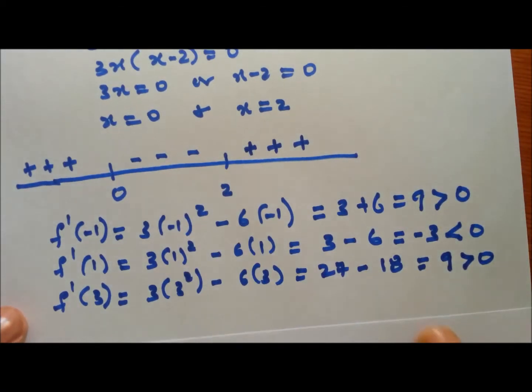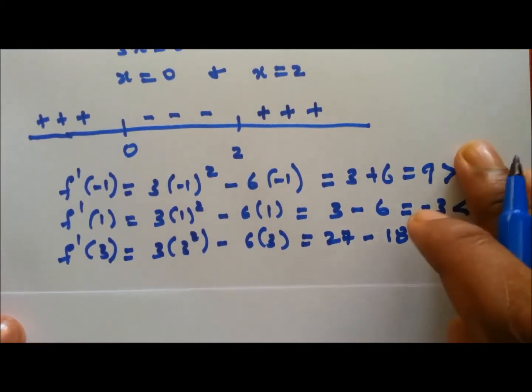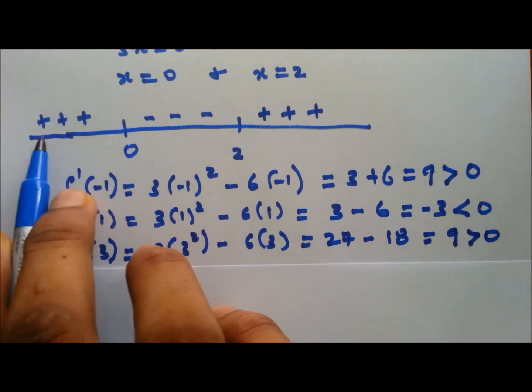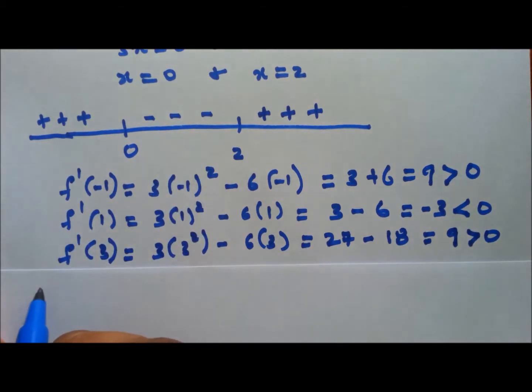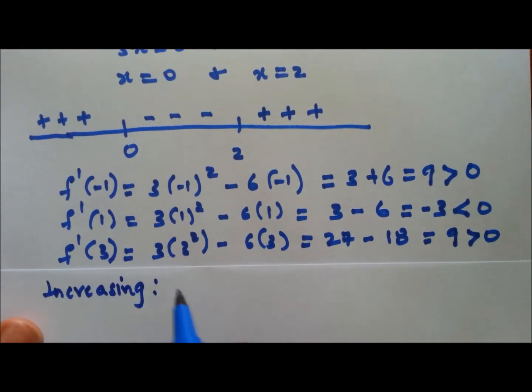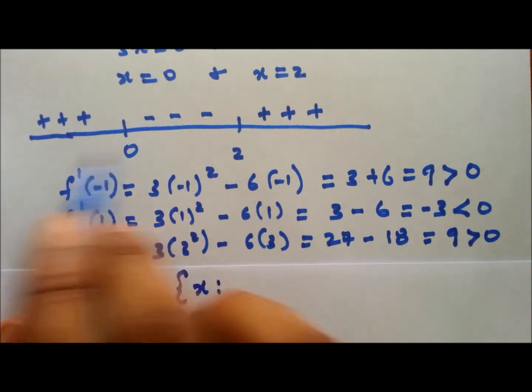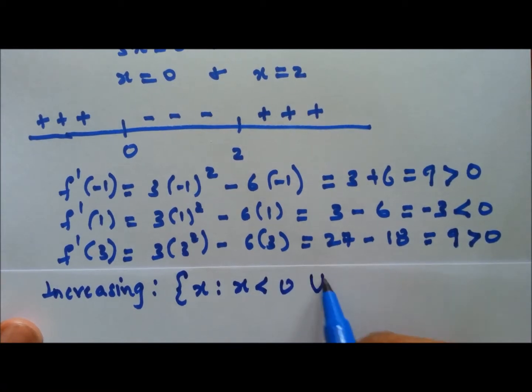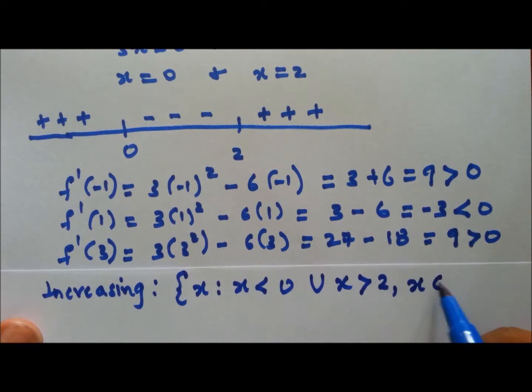Now looking at the intervals where the function is increasing and decreasing. The function is increasing wherever there is a positive sign. So the interval where the function is increasing is x less than 0 union x greater than 2, for x an element of the real numbers.